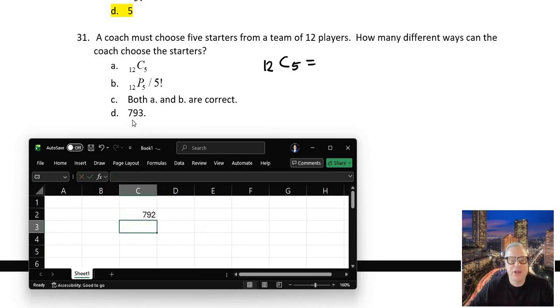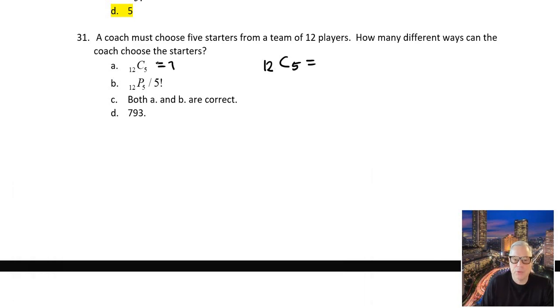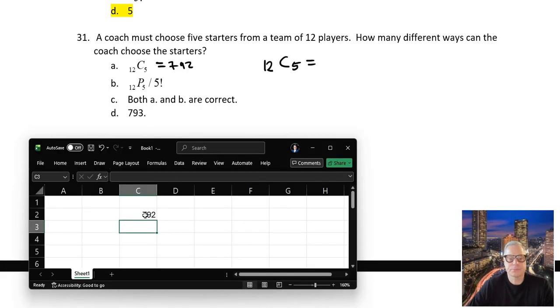Okay, it's 792. Okay, so the first term evaluates to 792, and that's correct. What about the second term, permute?